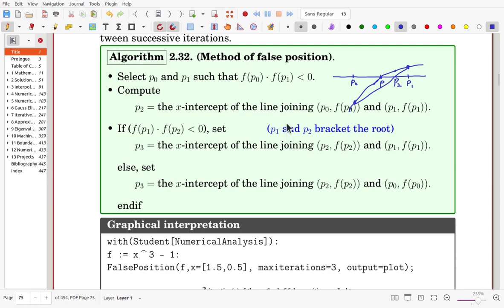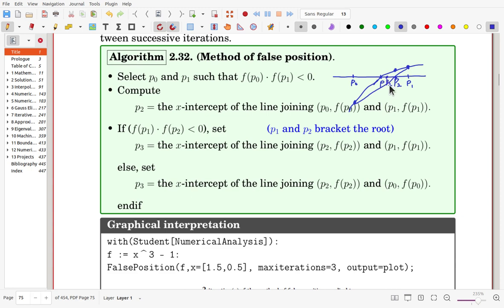Now we consider P2 as the new point, and the new secant line is made from P2 to P0. Using this secant line, P3 is made.